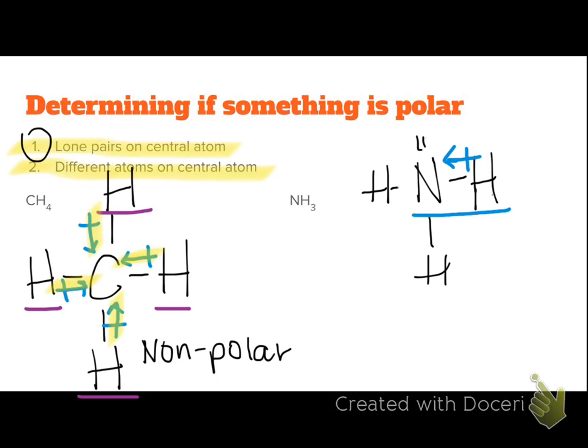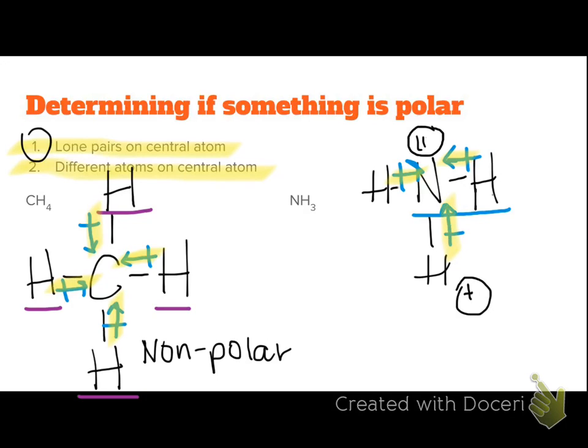So draw my arrow towards my nitrogen, towards my nitrogen, towards my nitrogen. So this and this are going to cancel because they're pointing in opposite directions. This arrow is pointing up towards the nitrogen, which means that we have an area that's positive down here by the hydrogen.